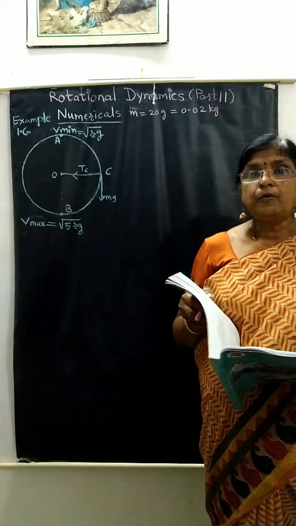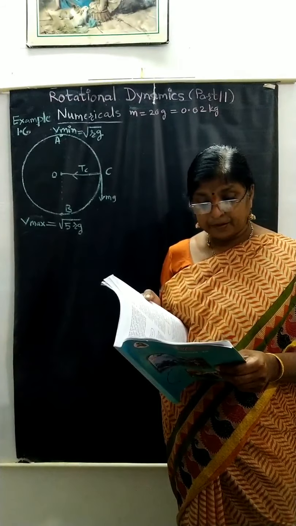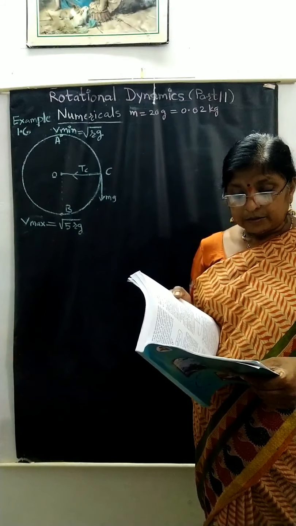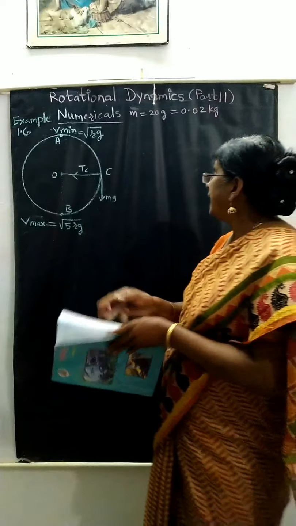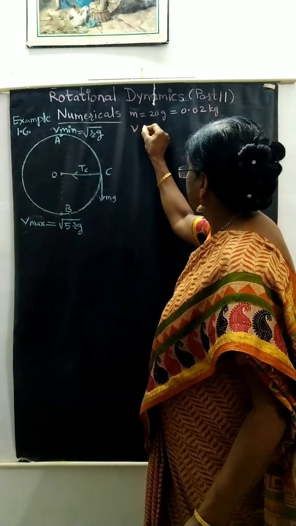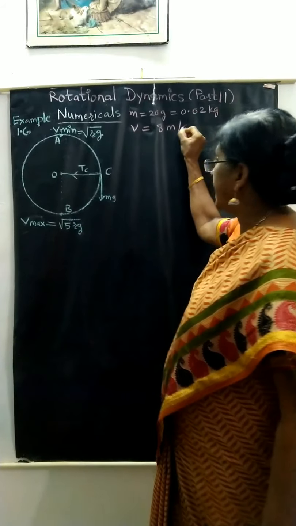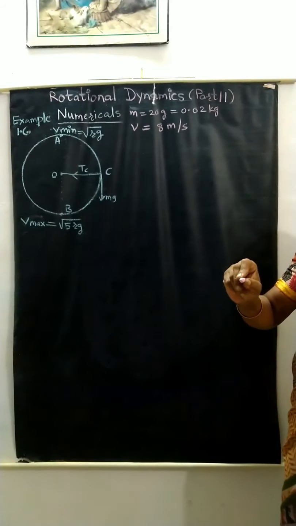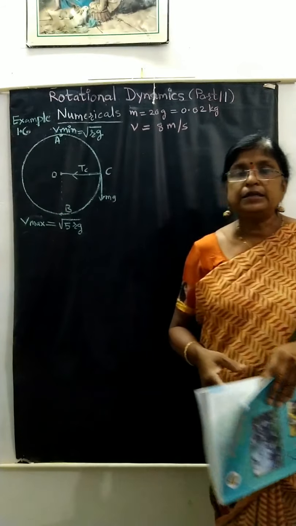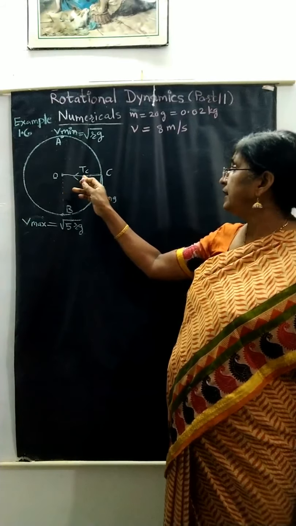our knowledge about vertical circular motion is tested. The speed of the stone is given as 8 meter per second, but it is at the point where the tension in the string provides the necessary centripetal force.